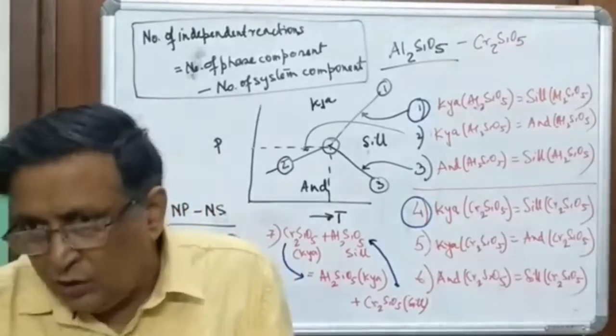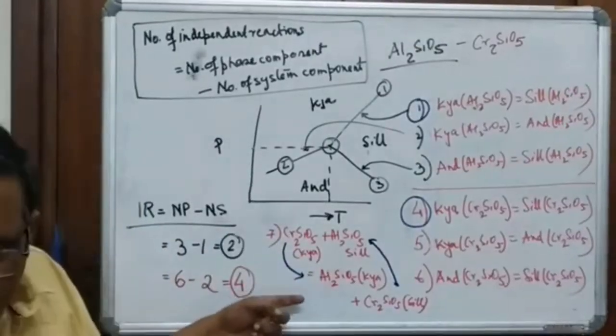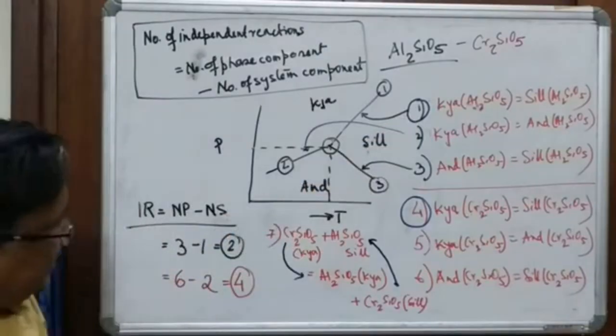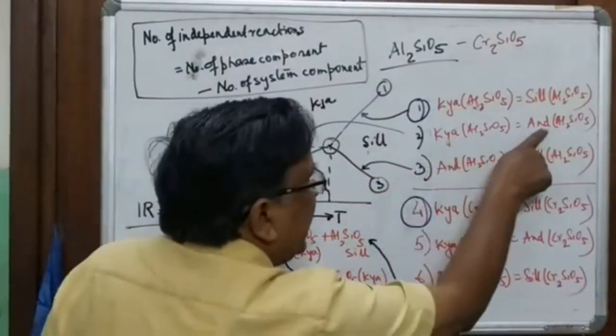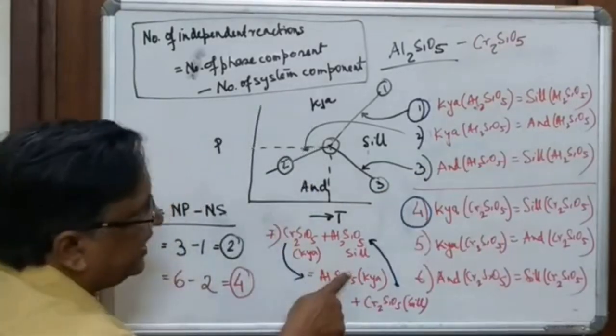So you can do all what you can. So you can write your 8, your 9, and try logically. If I write 8 between kyanite and andalusite, it will be a very similar reaction.